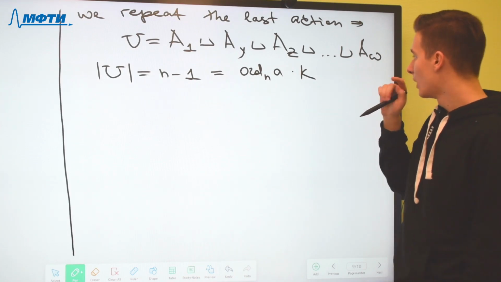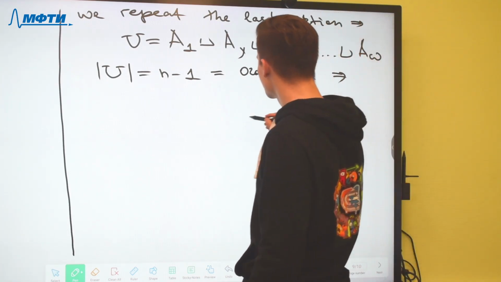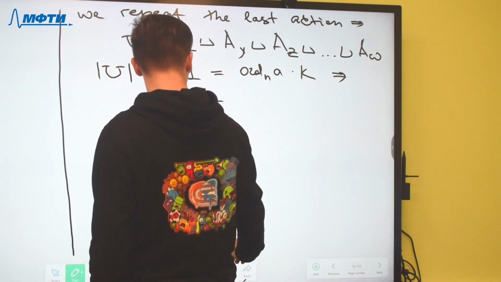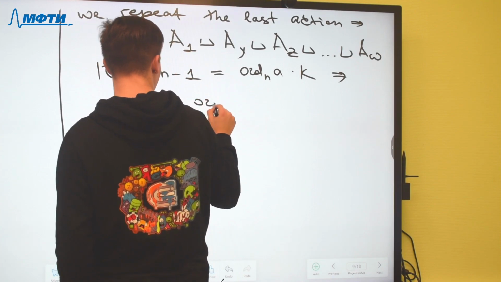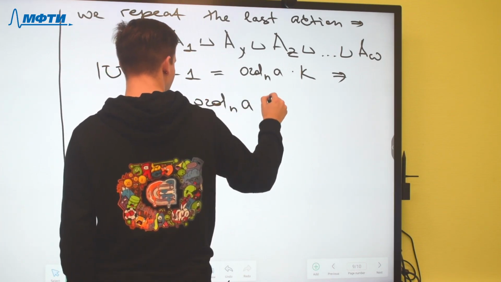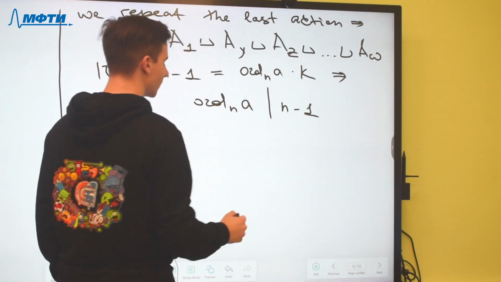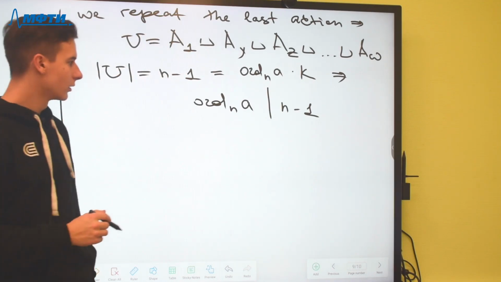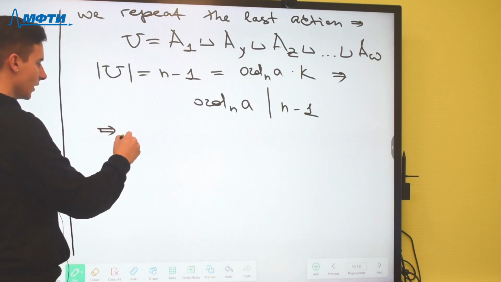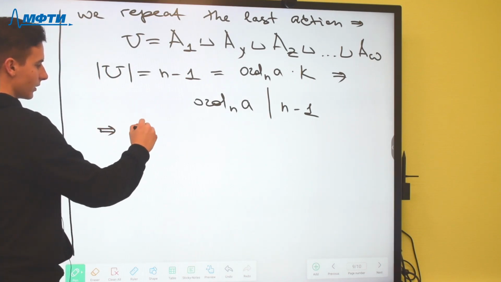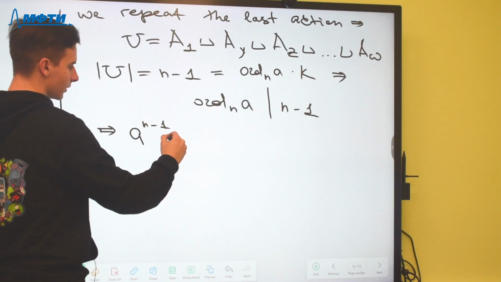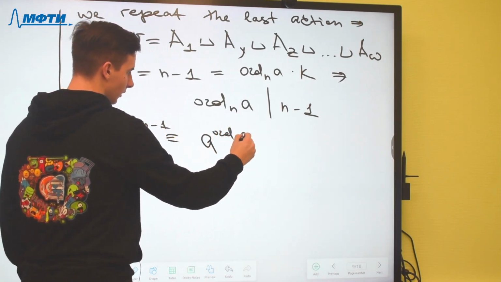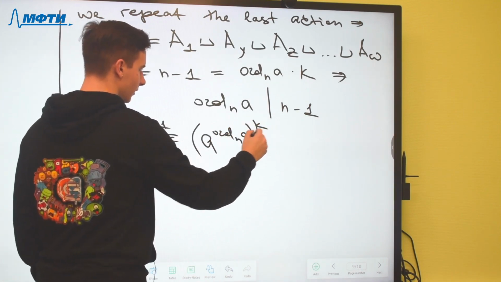And then we can divide n-1 by the order of the element A. And then we say that A to the power n-1 is equal to A to the power of order, to the power k.